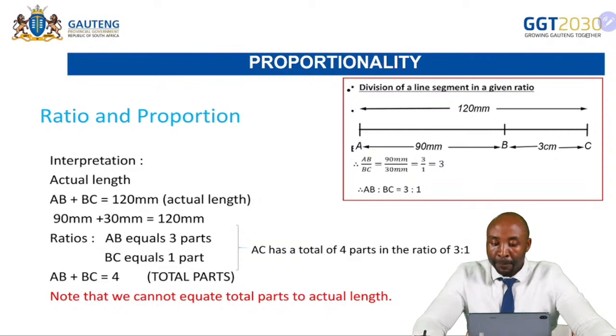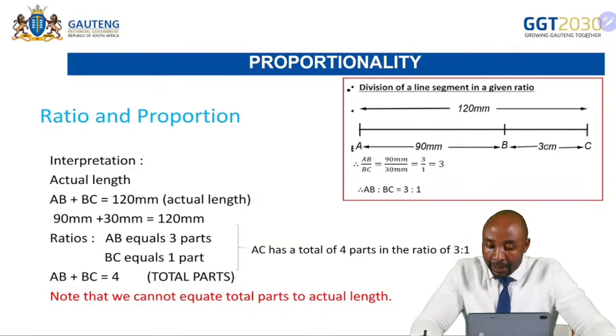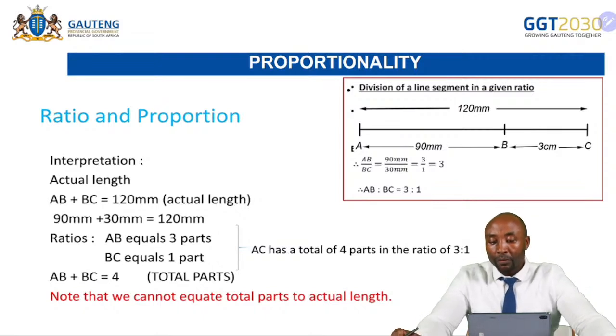This will give me 90 millimeters plus 30 millimeters, because we know that 1 centimeter represents 10 millimeters. So we convert the 3 centimeters to millimeters and get that 30. So we add them together. The whole line segment AC will be given as 120 millimeters. And then that is the actual length of the line.